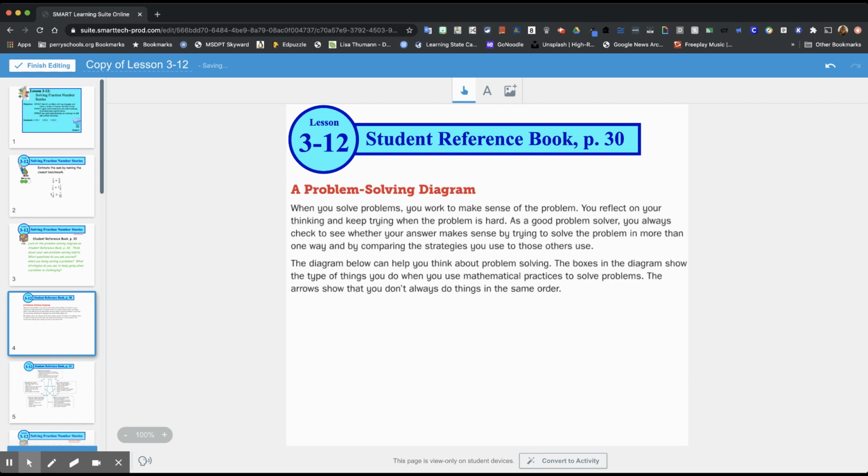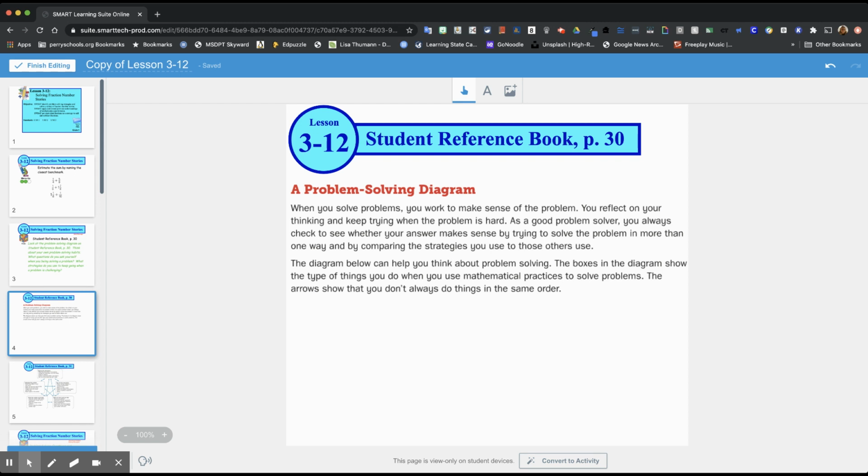So you'll see on page 30, it says the following, a problem-solving diagram. When you solve problems, you work to make sense of the problem. You reflect on your thinking and keep trying when the problem is hard. As a good problem solver, you always check to see whether your answer makes sense by trying to solve the problem in more than one way and by comparing the strategies you use to those others use.